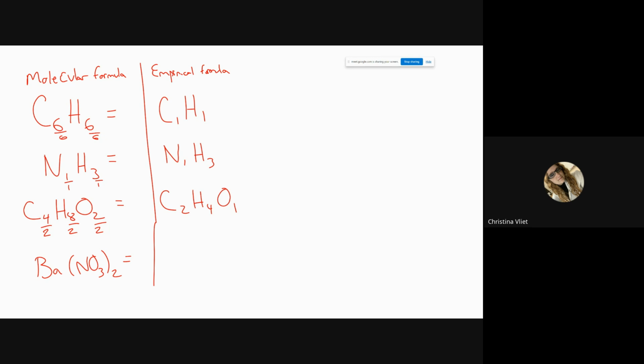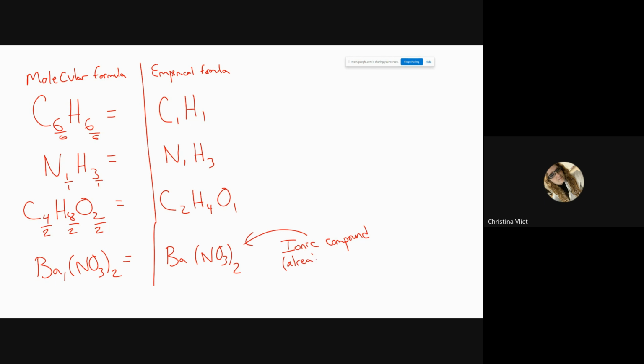I did hear just like training wheels, but if you were to actually see a question, would the 1 be written? So what's the number for barium here? The empirical formula is the same. Something you may want to point out, this is an ionic compound. And by definition, ionic compounds already give the simplest ratio possible, if you may remember.